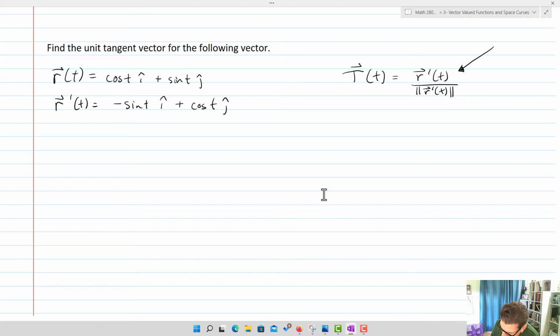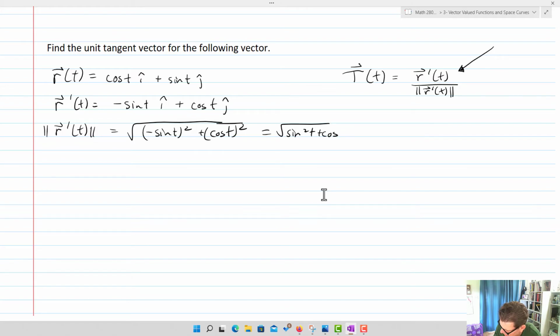Then I go find the magnitude. The magnitude of r prime of t is going to equal the square root of negative sine t squared plus cosine t squared, which is just equal to the square root of sine squared t plus cosine squared t, which is equal to root 1, which equals 1.